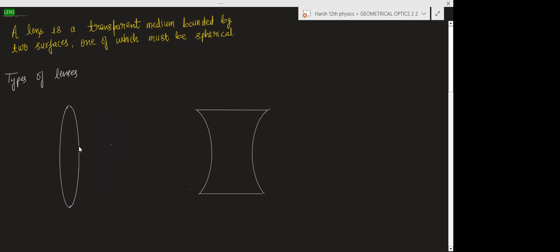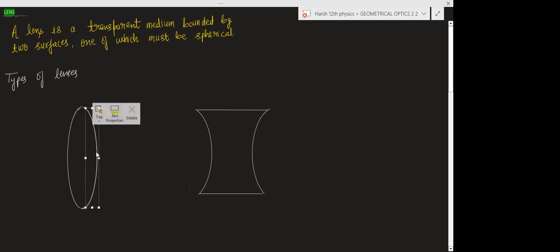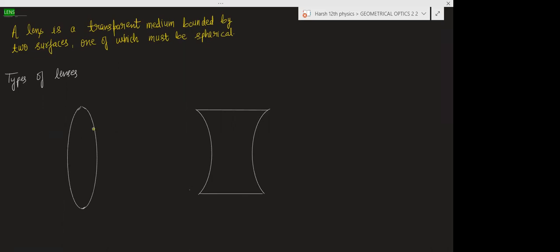This lens is known as the convex lens because it is bounded by two convex surfaces. This is a bulging outward surface, and this surface is also bulging outward. So that is why this lens is a convex lens.